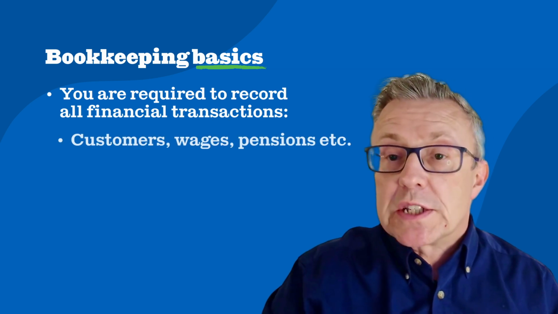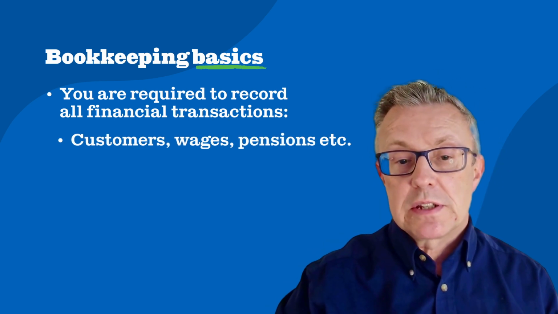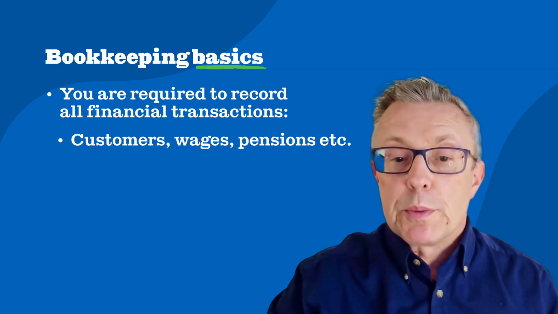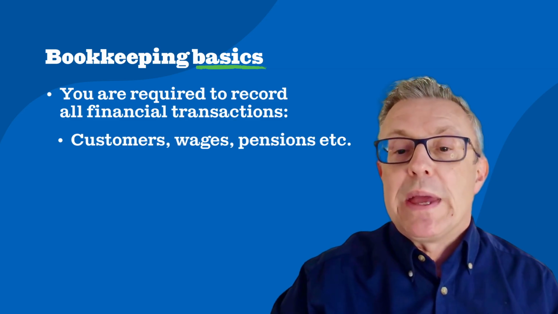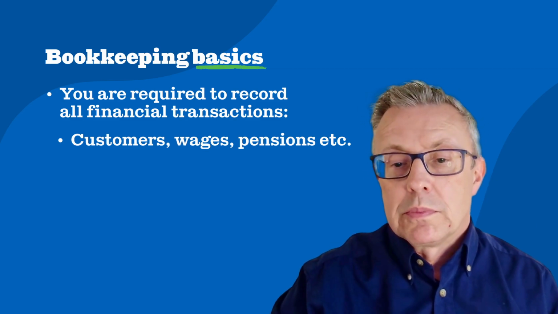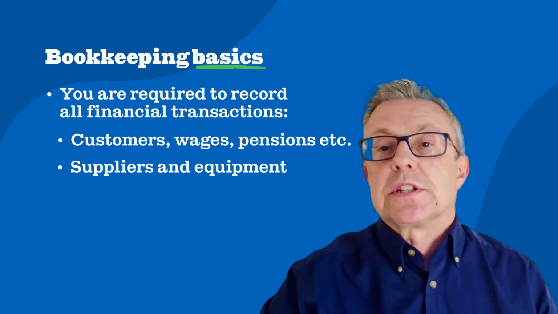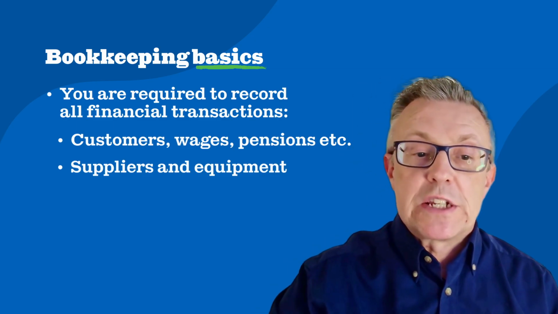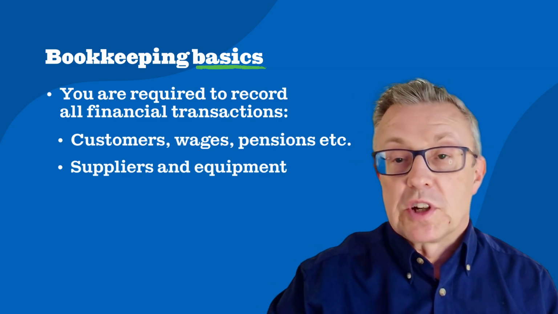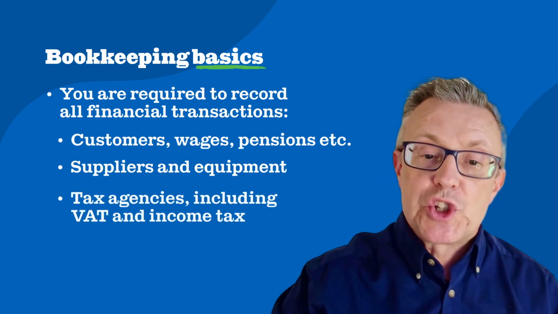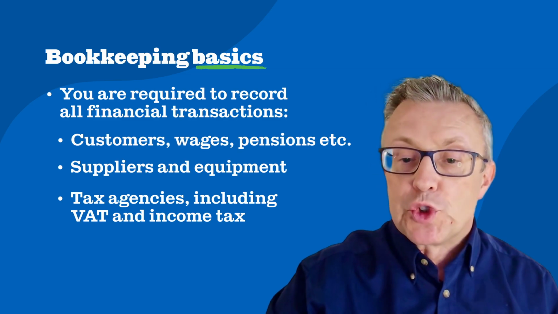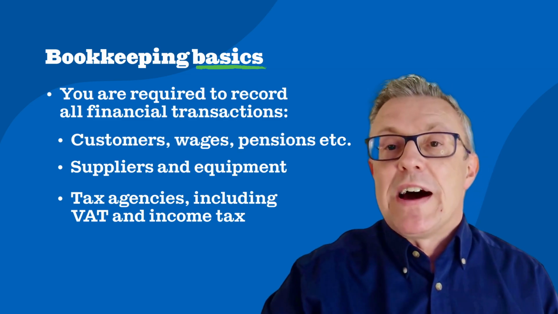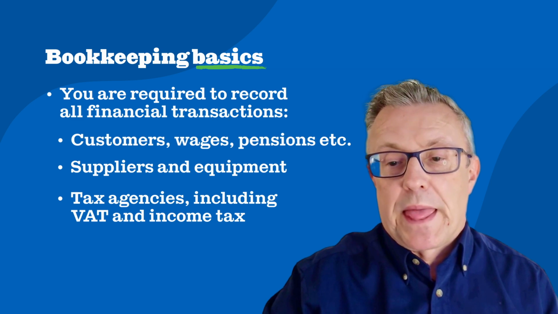Now, this can be from customers who buy products or services, through to employees who are paid wages, PAYE, national insurance and pensions. We look at those who sell us services or equipment to allow our business to function. Government agencies who you need to make sure that you're meeting all tax related requirements, from national insurance, payroll taxes, VAT and income tax.